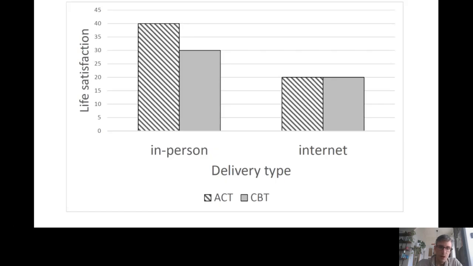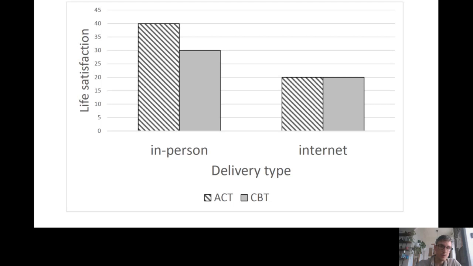And our outcome could look something like this if we visualize it using a bar chart. So here you can see that in-person delivery was always a little bit better than internet-based delivery, and that ACT was better than CBT if you combine the ACT bars and the CBT bars together.